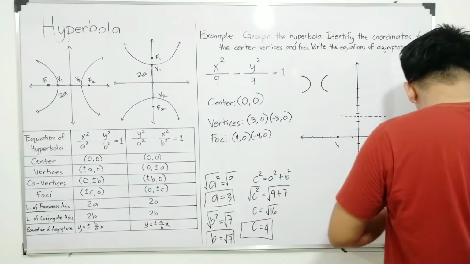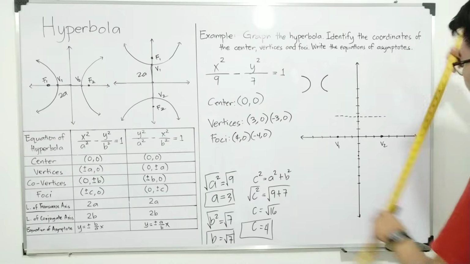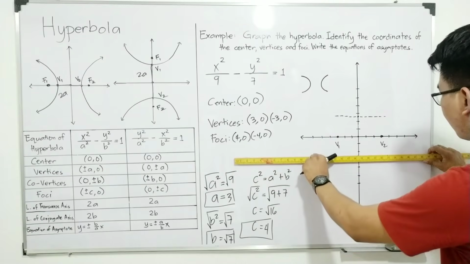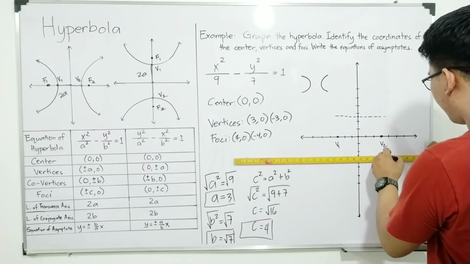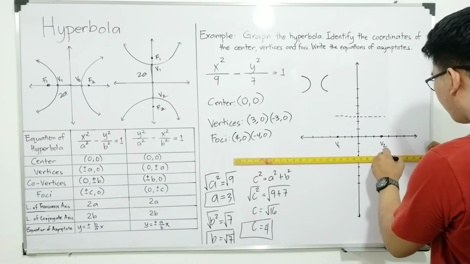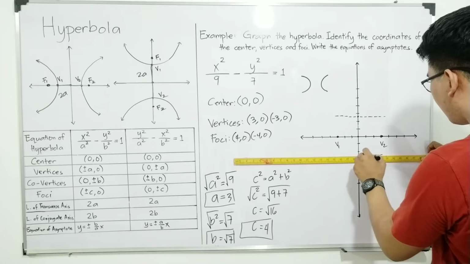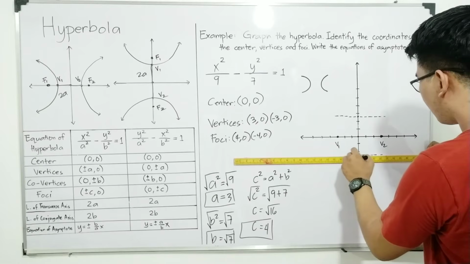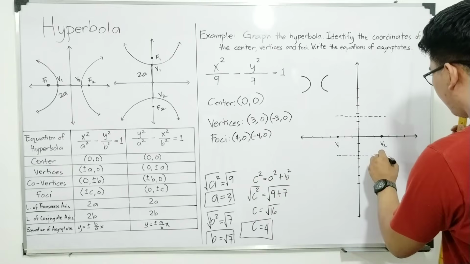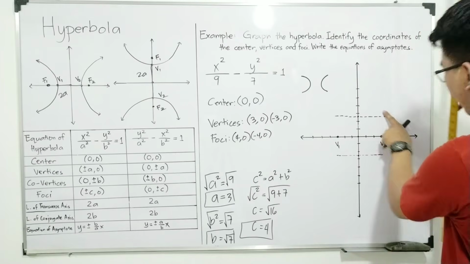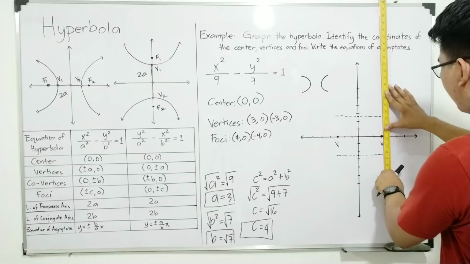Okay? Kaya gamit ng ruler, if you want. Tapos, i-drawing nyo lang yung rectangle. Again, the purpose of this rectangle is to guide us in drawing our asymptote. Tapos, ito rin. Sobra tayo dito. Yan. Drawing tayo ito ng rectangle.